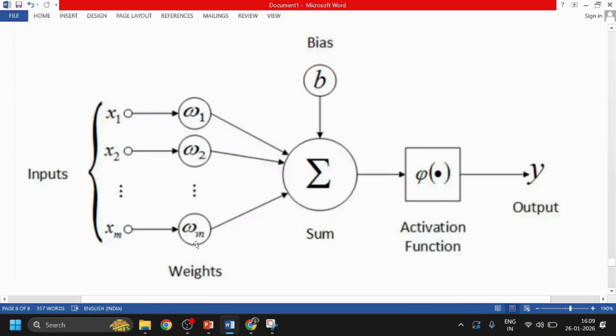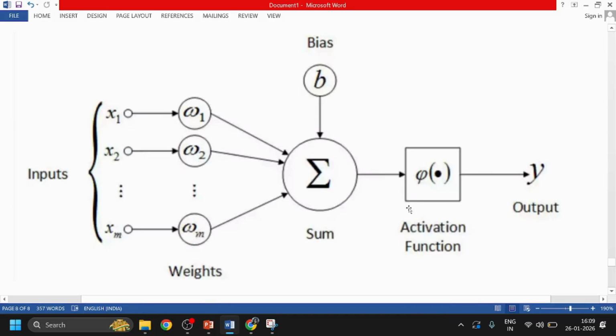Here we add all of these: x1 w1, x2 w2, and so on. Then this is the activation function. We can use ReLU or others like sigmoid or softmax according to your need. So here we have the feed forward neural network, and it has two linear layers with a ReLU activation function in between.